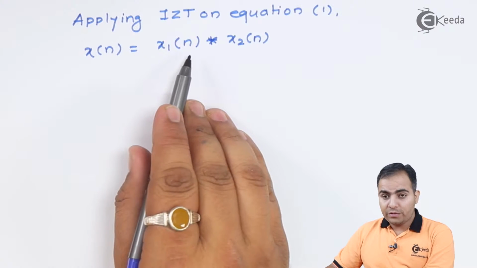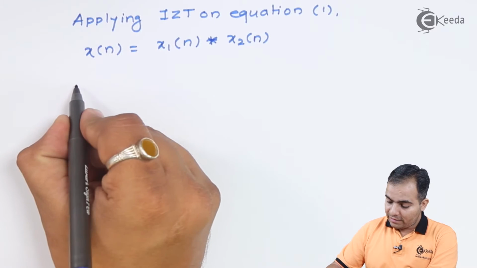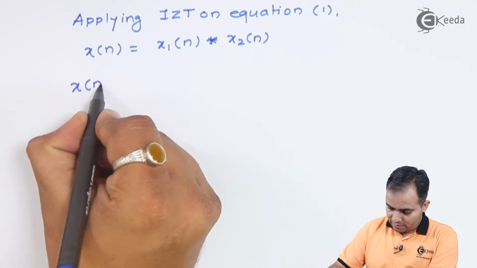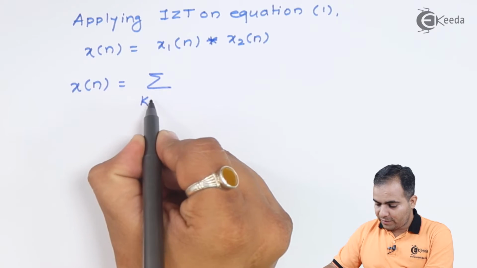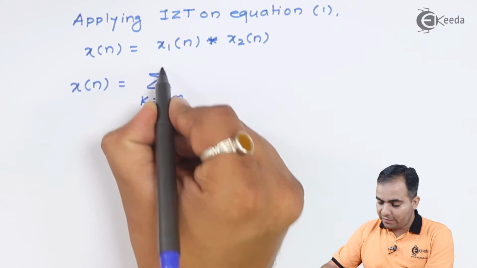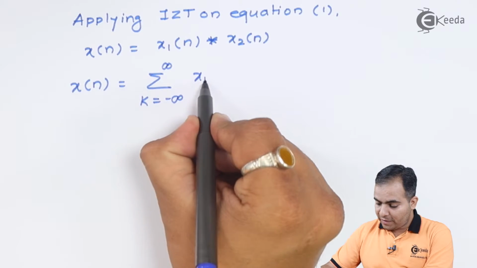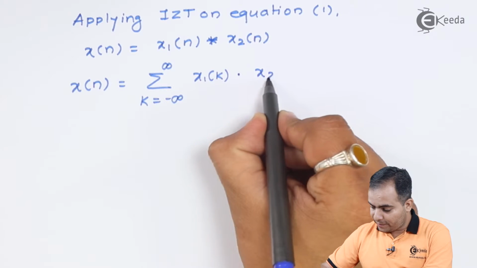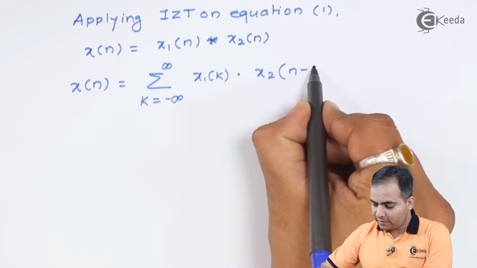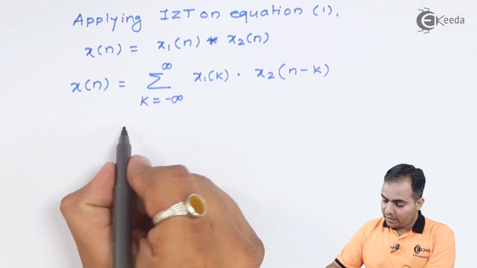If we use the definition of convolution, it is the summation where k varies from minus infinity to infinity, x1 of k multiplied with x2 of n minus k.